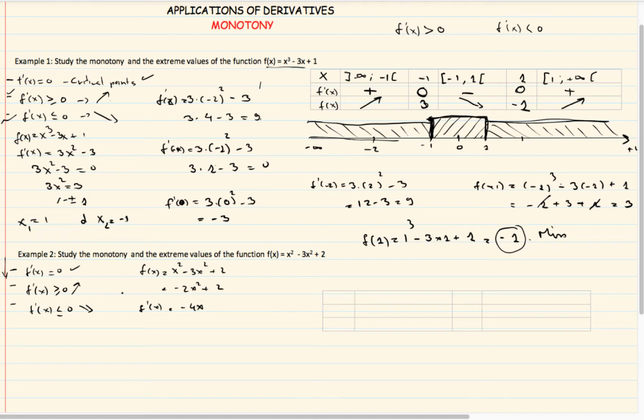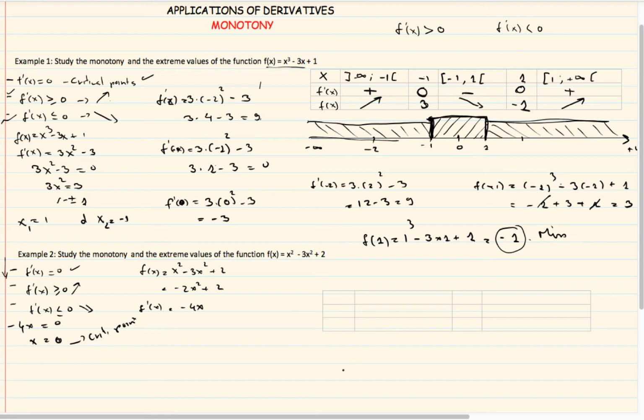To apply this, we have to equate this to 0. So we have minus 4x is equal to 0. So we have that our x is equal to 0. This x is equal to 0 is called the critical point.